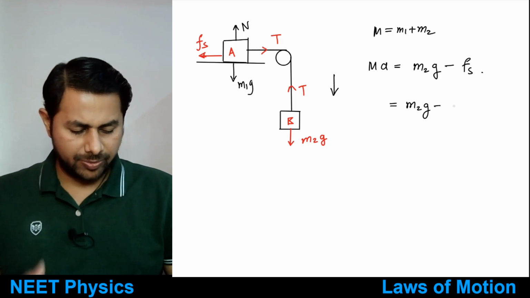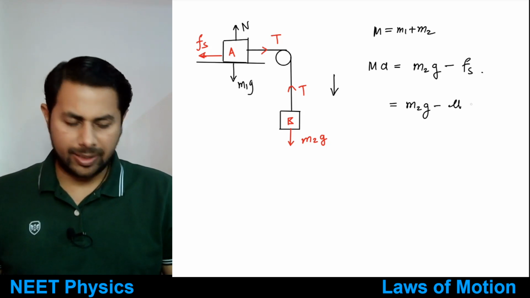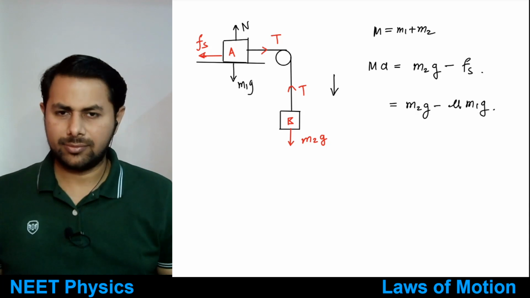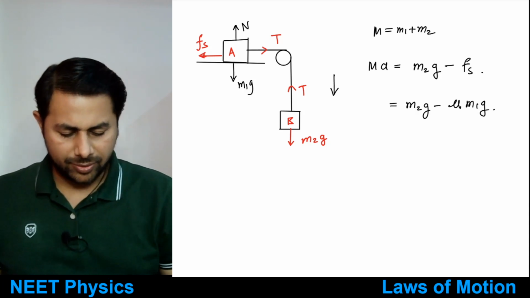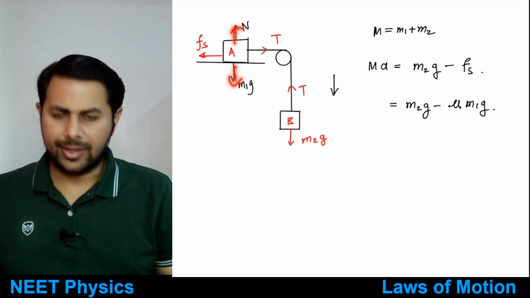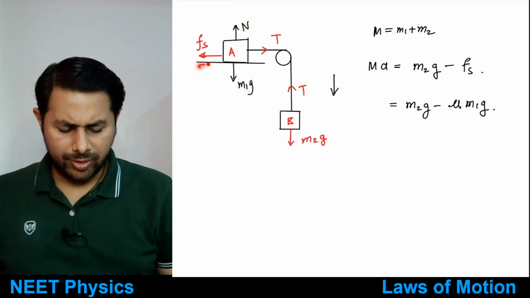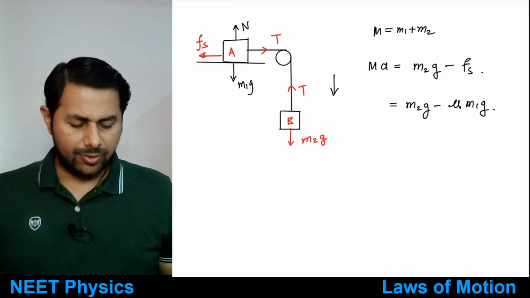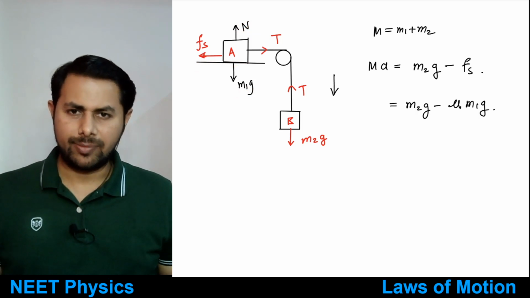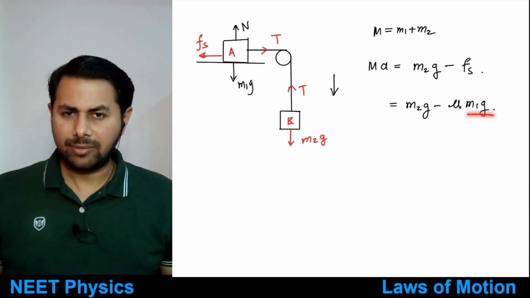What is friction? It's mu multiplied by m1g. That too we can directly write down, no need to write n, the normal reaction and the weight, because this is a horizontal surface. Friction is just equal to mu multiplied by n, and n is equal to m times g.